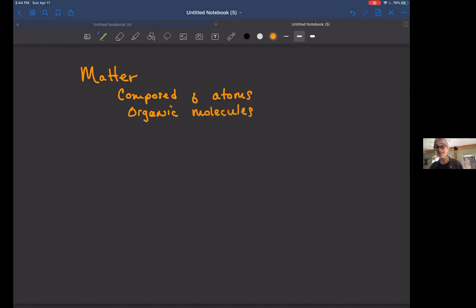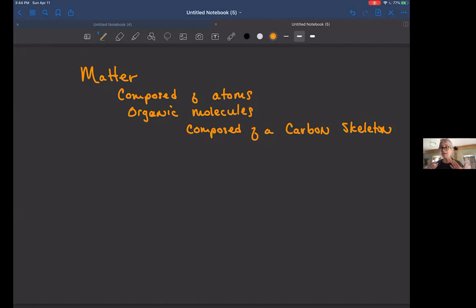And one characteristic of an organic molecule is it is composed of a carbon skeleton. So that would mean that there are carbon atoms that then are bonded to other atoms, but the carbon makes up the kind of the backbone of the molecule.